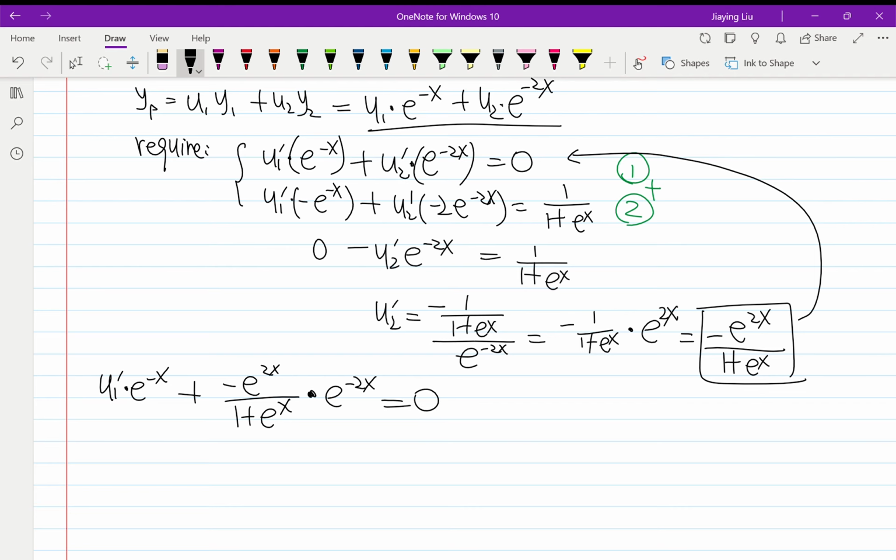Which is really nice, because if you look at the numerator, you get e to the positive 2x, but multiplied with e to the negative 2x. If you multiply those two parts together, I get just 1. But obviously there's a negative in front of it. So if you take this one and multiply with this one, we just end up with a 1 at the end when we multiply.